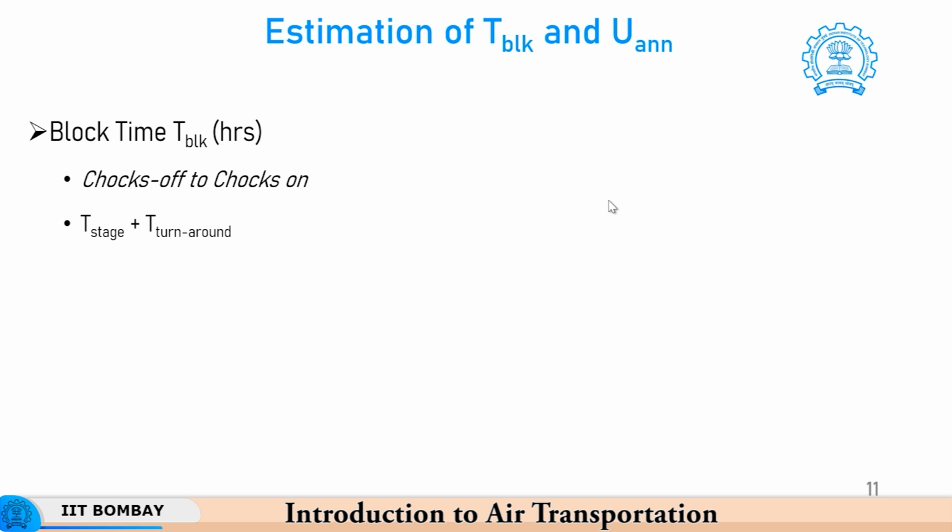So, this turnaround time and stage time together add up to what is called the block time, and we are going to look at turnaround time and how it is reduced a little bit in the next few slides.